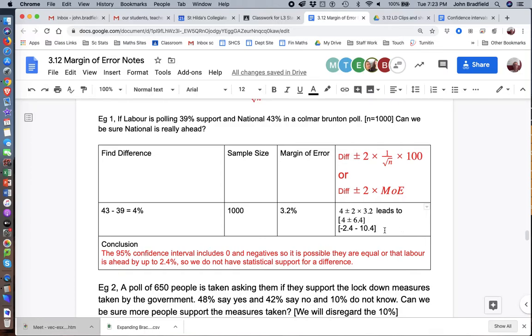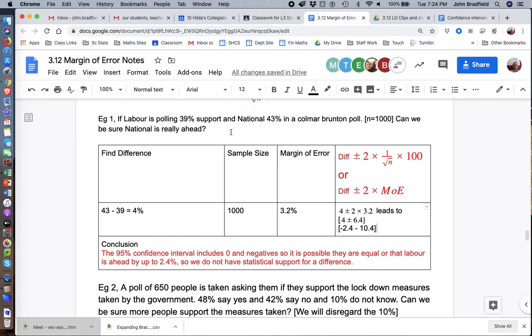On the other end of the scale, though, we've got a negative, and the negative 2.4 implies that there's potential for it to be the other way around. It is possible, even considering the results of this poll, that Labour is 2.4% ahead, although in the poll they were 4% behind.